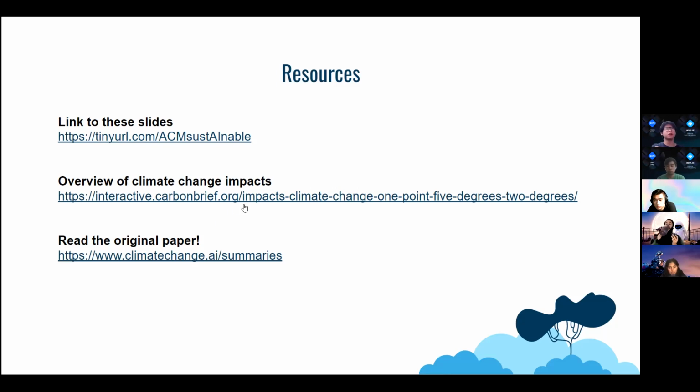There's also an overview of climate change impacts, and again, a link to the original paper that this event was based on. Today was really a very high-level whirlwind tour. We covered a lot of ground in 1 hour, so we didn't get the chance to touch on everything in great detail, but we do hope that you give the original paper a read, as it provides a lot more insights and interesting details.